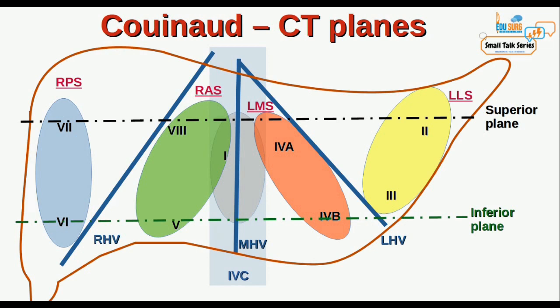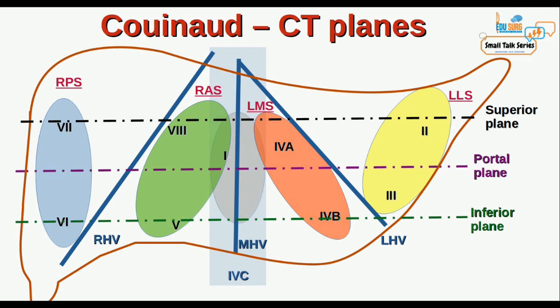As we go down, the very lower end of the liver is the inferior plane, where you may not be able to identify the three hepatic veins. So this is the most difficult plane, the inferior plane, to identify the liver segments.